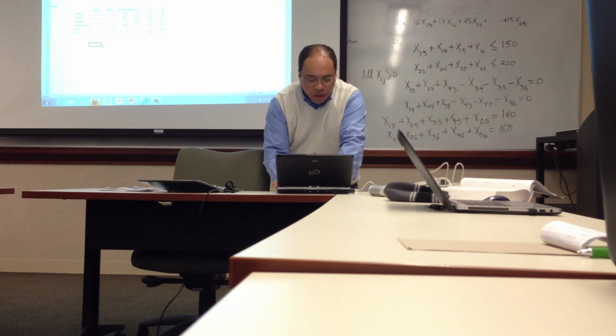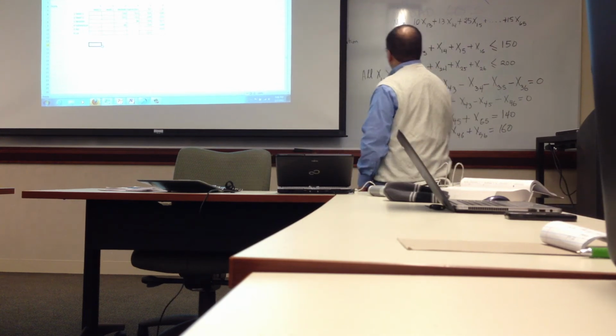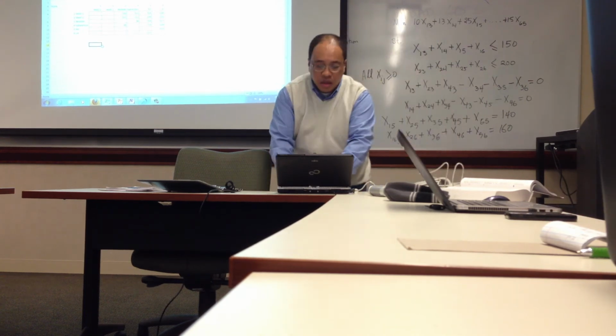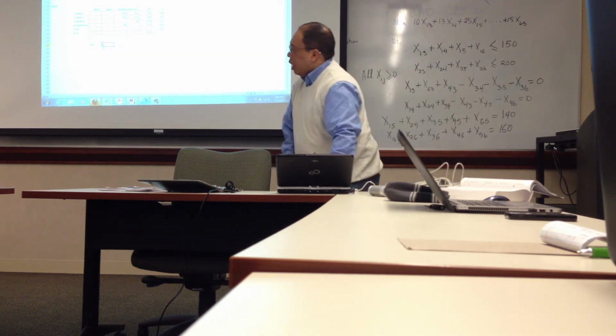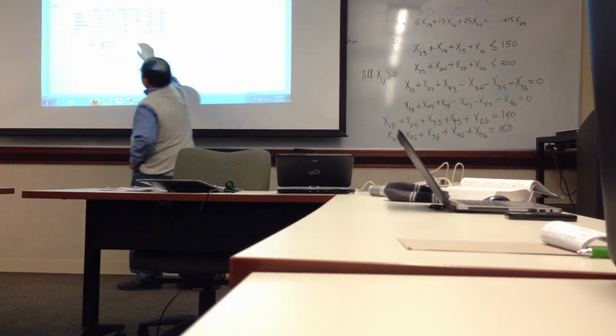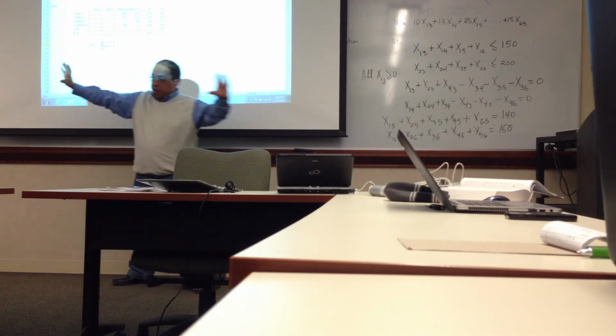So what I'm going to do is list all the variables that I have here. If you look at the model here, you have x13. What you're going to do is list the variables where there is a cost, and we're going to minimize it.